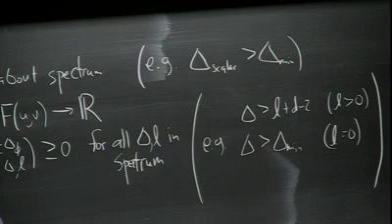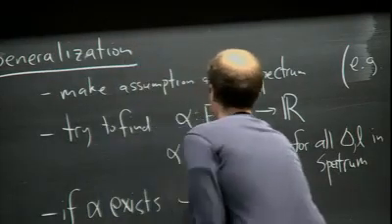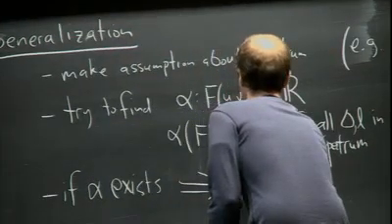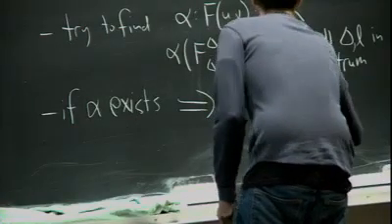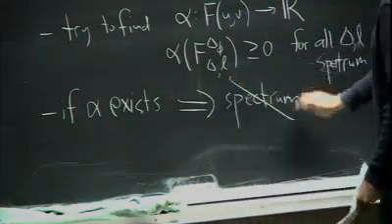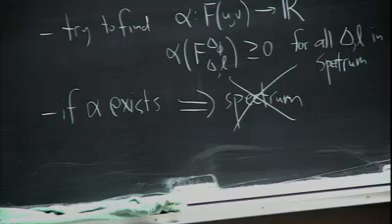If we succeed in finding such an alpha, then the spectrum that we hypothesized is ruled out. And the logic for that is exactly this here. We assume there's a solution to crossing, then we apply alpha to it, and we get a contradiction.